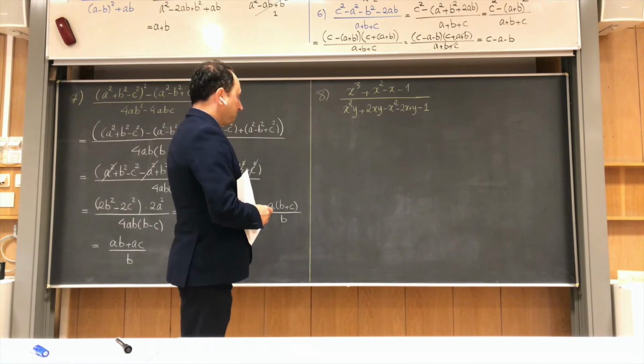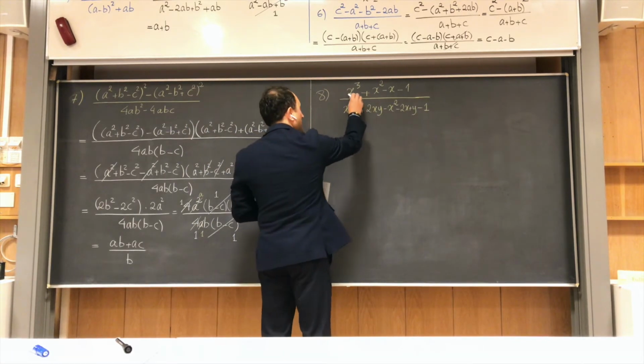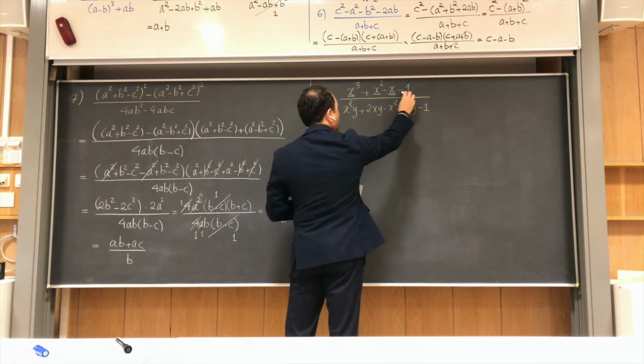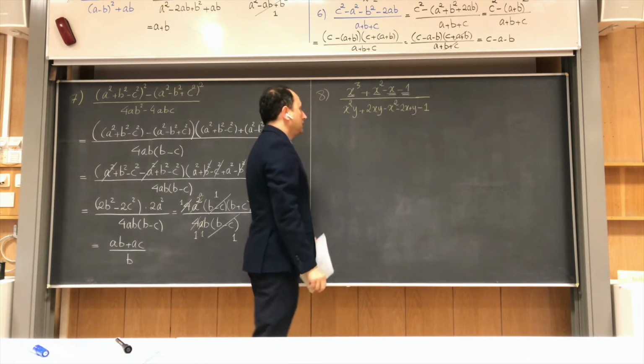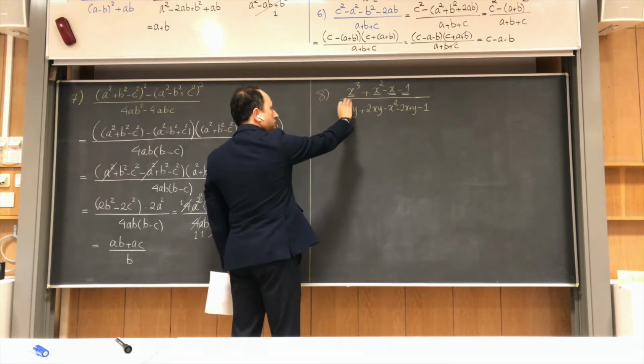Okay. So for the numerator, I think you immediately can recognize what to do. Yes, for example, I can group them into two parts. So I can take this one with that one, and I will take these two together. So what happens? If you don't mind, let me just solve them separately.